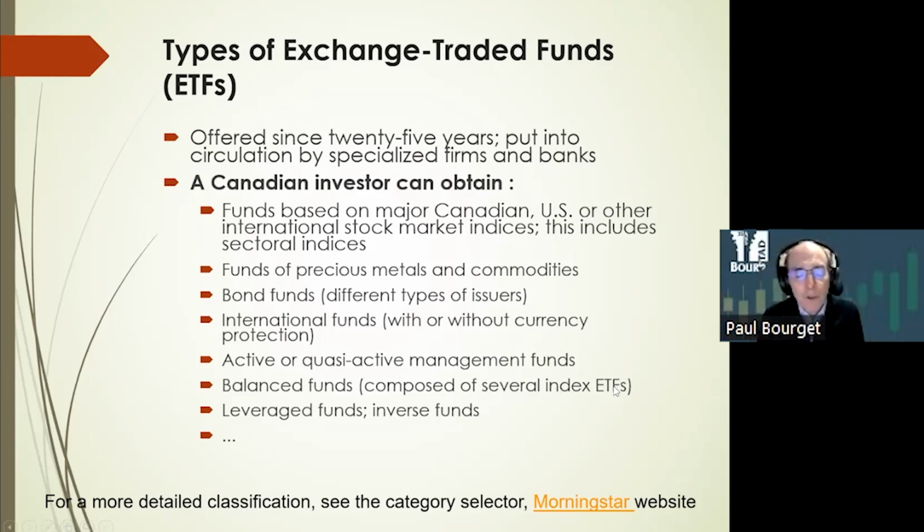A balanced fund will have part of a stock fund, part of a bond fund, maybe a money market fund, all mixed together. And you also find leverage funds. Leverage and inverse leverage funds will give you a multiple of the gain of the index, let's say twice or 3 times the increase of the index if it is a standard leverage fund.